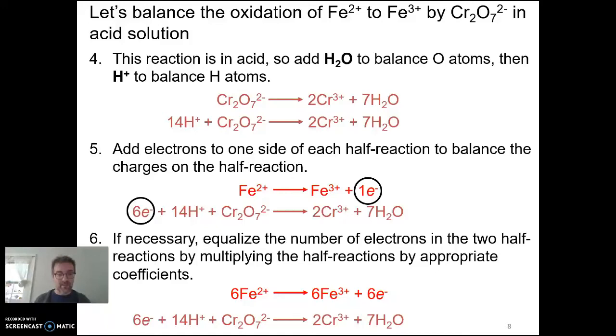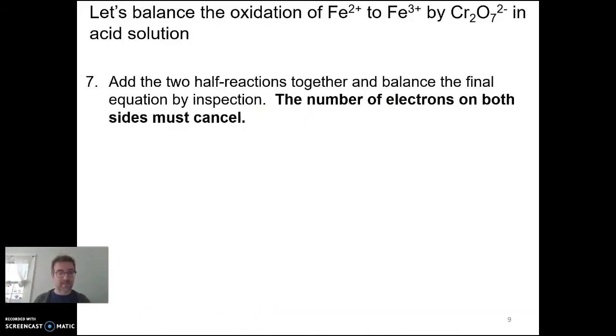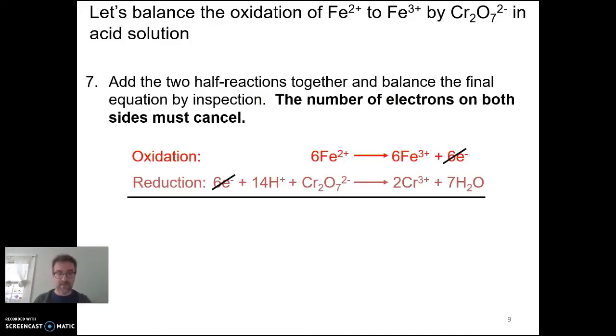So then in order to get 6 electrons for the oxidation half reaction, we need to multiply that whole reaction by 6. And then we add the 2 half reactions together and cancel, balance everything out. Right, so our 6 electrons cancel out, and we get this final redox equation.